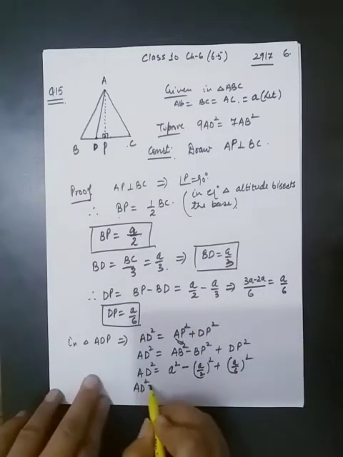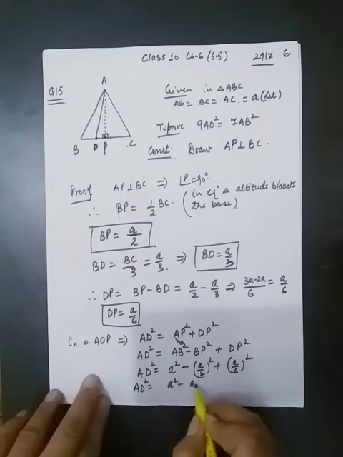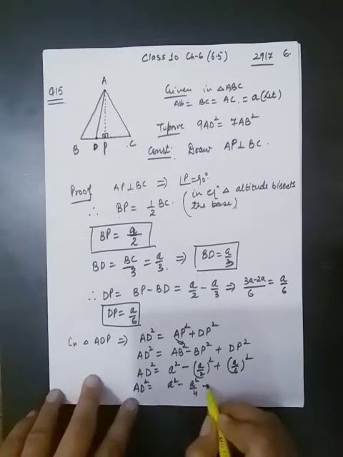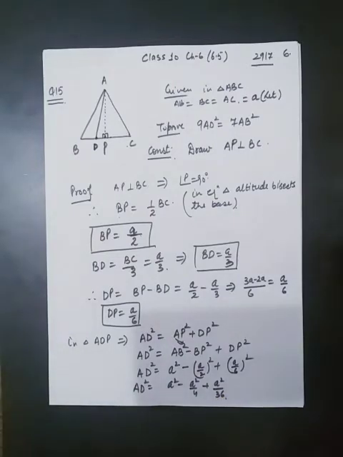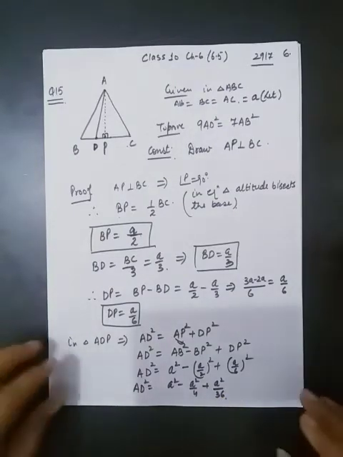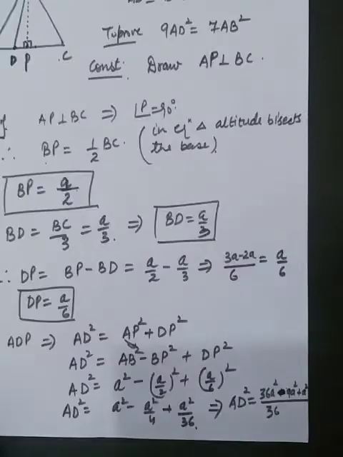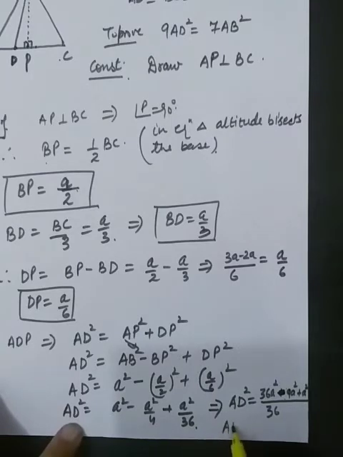So AD square is equal to A square minus A square by 4 plus A square by 36. Now we have to take the LCM for the next result. By taking the LCM as 36, we get 36A square minus 9A square plus A square. Now solving it, we will get AD square is equal to 28A square by 36.